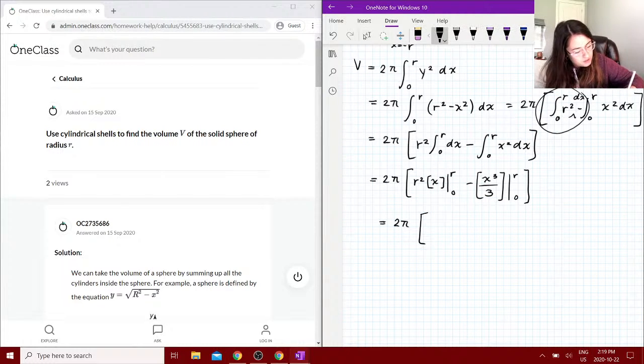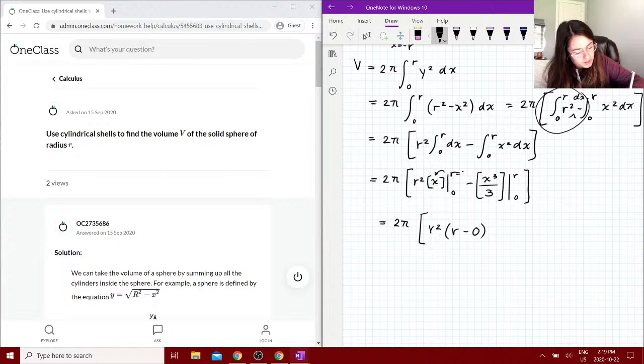2 pi. Okay, so r squared times, so we're evaluating from r to 0, so we're going to replace the x with r first, so on top is what you do first, r minus, and then the second one, replacing x with 0.